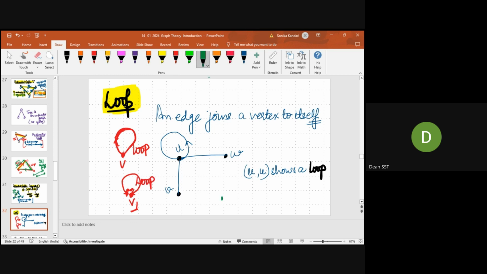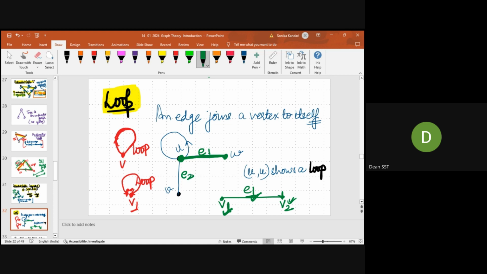Suppose e1 is an edge. This is the start and this is the end. An edge actually joins 2 points, like an edge e1 joining vertex v1 and v2. See here in this diagram, e1 is an edge which is joining u and w.